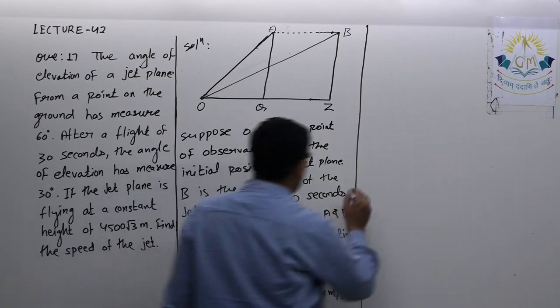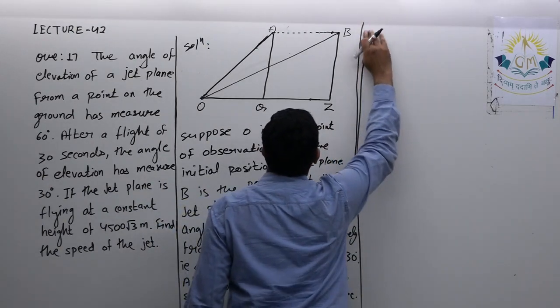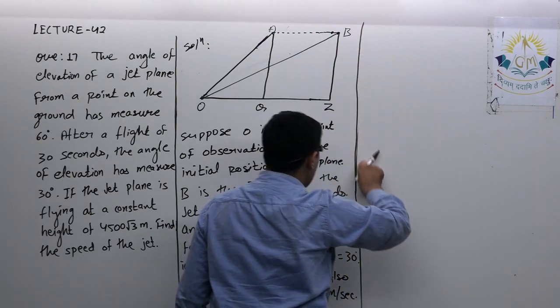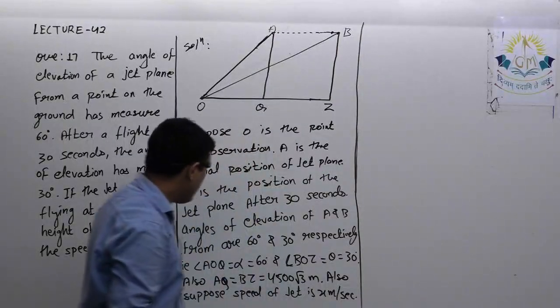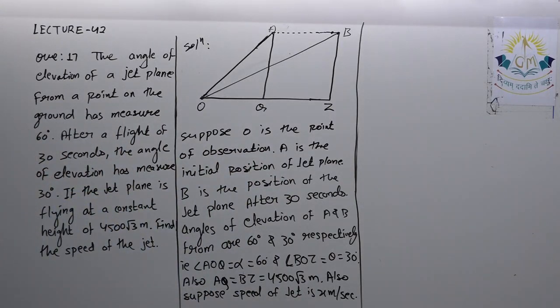Okay, so this is the description about the diagram. Now we'll simplify this, or we'll try to get the value of x. So think for a while that how you will proceed, then I will give you its solution.